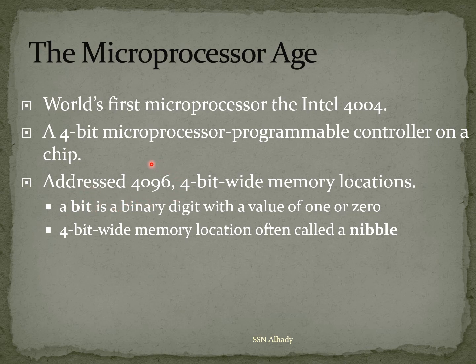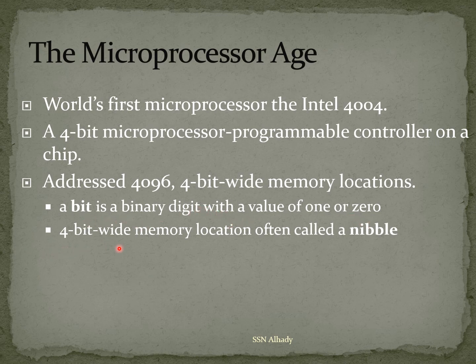The address lines address 4096 4-bit wide memory locations. So 4-bit wide means the data line. A bit is a binary digit with value 1 or 0.